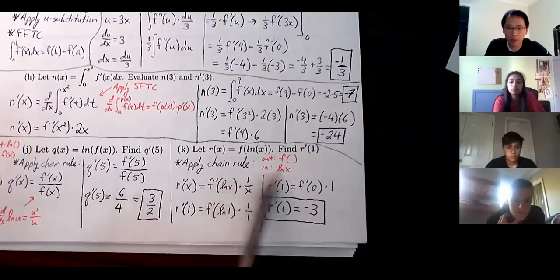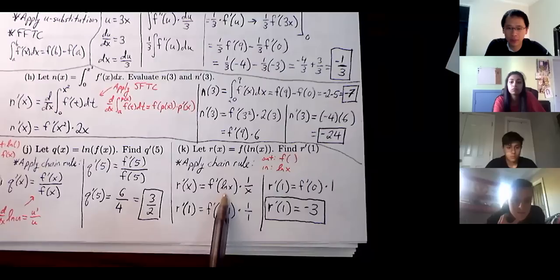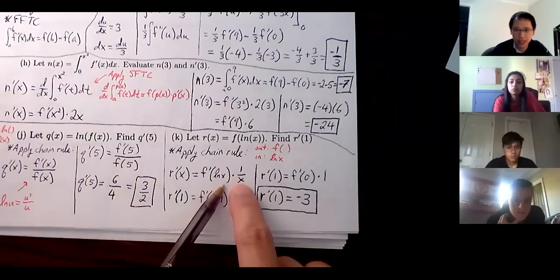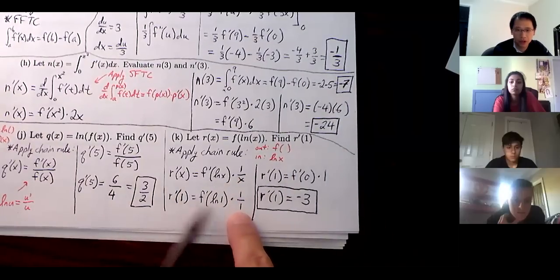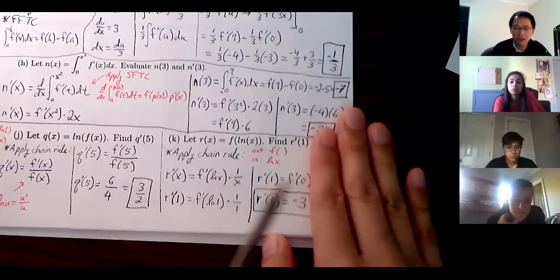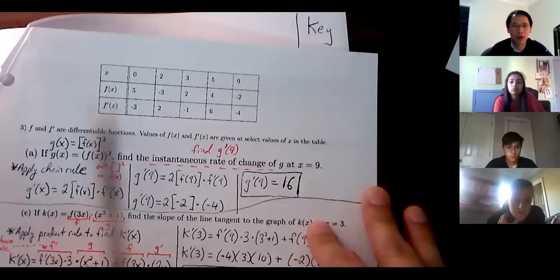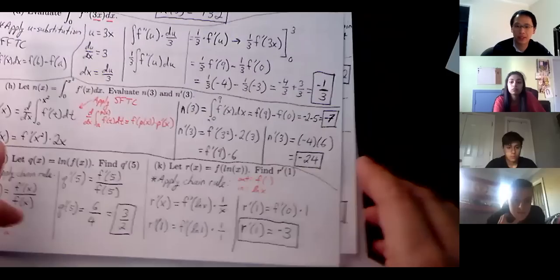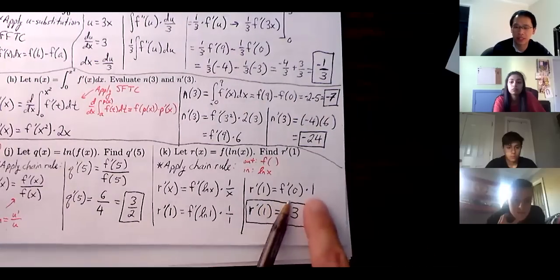And now make sure you fill in the parentheses with the original inside function. Now we're ready to evaluate the derivative, so replace the x with 1. We get f prime of natural log of 1. Natural log of 1 is 0. And f prime of 0, we have to look at our table, right? F prime of 0 is -3. -3 times 1 is just -3.